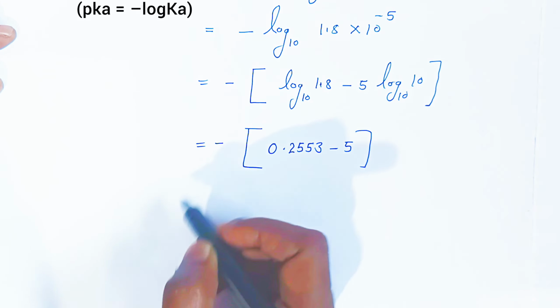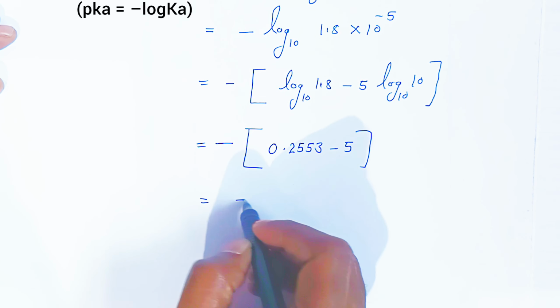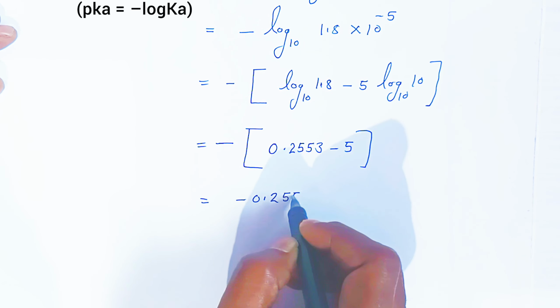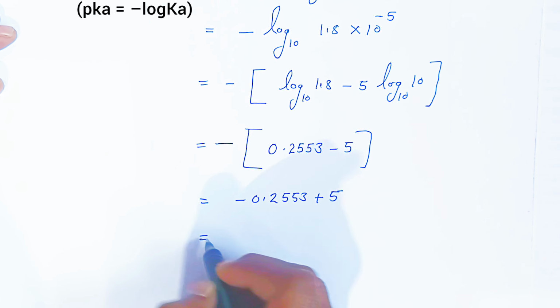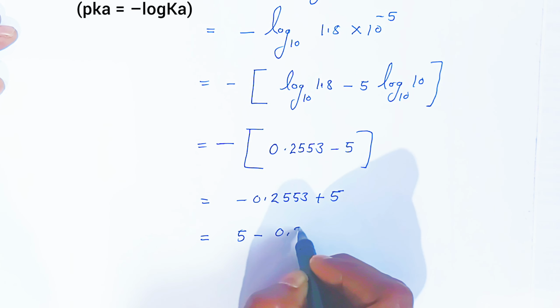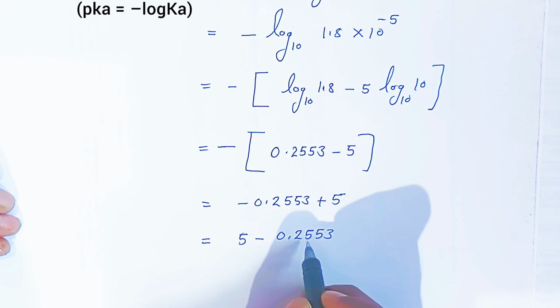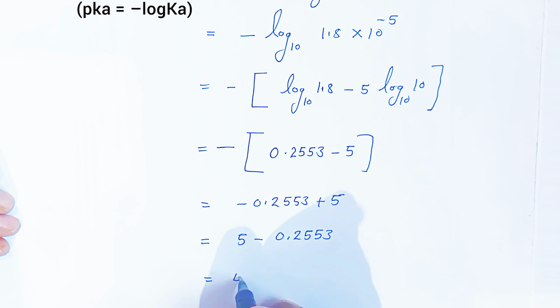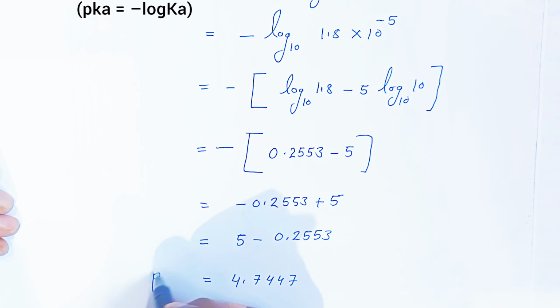Now this minus will go inside, and it becomes plus. So minus 0.2553, minus into minus, will be plus. You can also write 5 minus 0.2553. When you subtract, it comes to 4.7447. This is the value of pK.